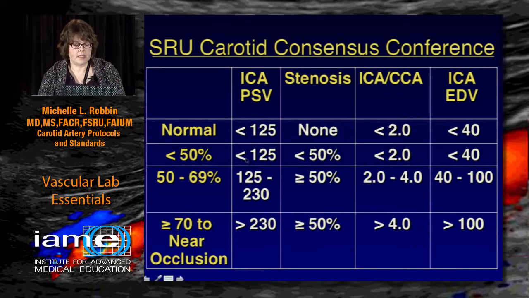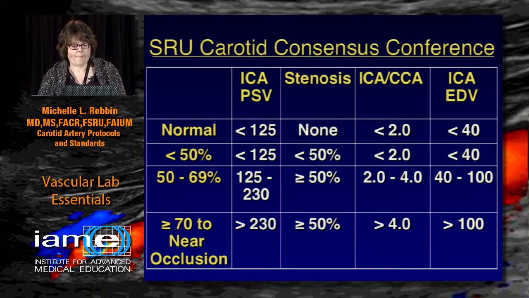And then you can see if it's greater than 230, we call it greater than 70% to near occlusion, and greater than 4 for ICA-CCA ratio. And then also the end diastolic velocity. Remember, on the last talk I told you we would talk about this again. If you have an end diastolic velocity of greater than 100, then you also need to think about a greater than 70% stenosis.